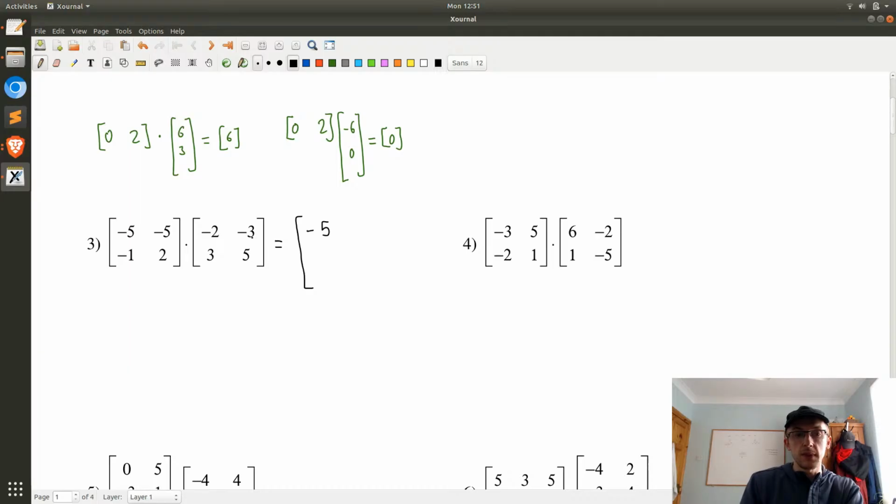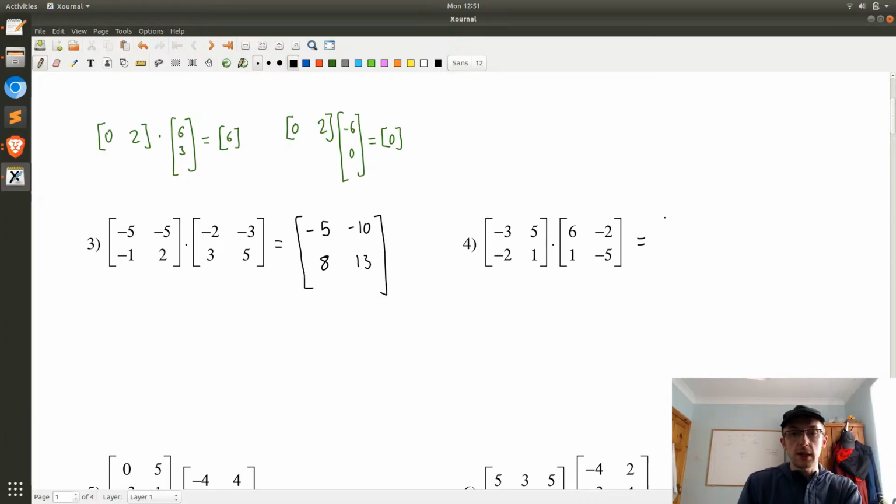So 15 take 25, which is negative 10. Then negative 1, 2, scale them, dot multiplied by negative 2, 3. So 2 add 6 makes 8. Then 13 will be there.